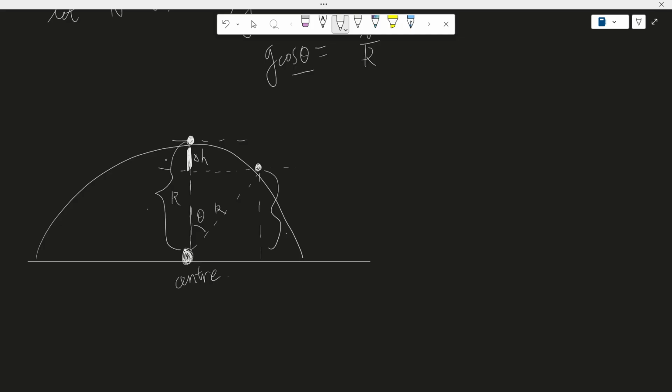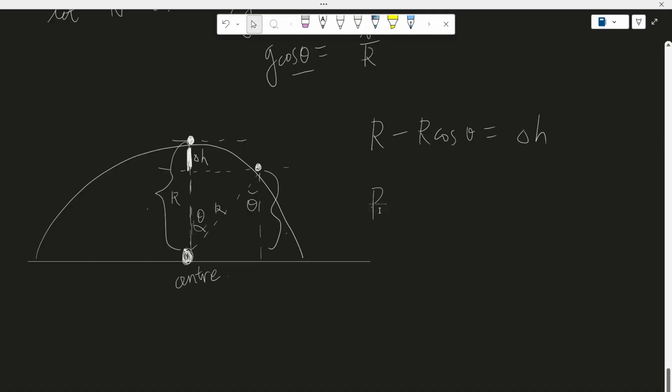So we know this height is definitely r. R minus, and if this is theta too, this is basically r cosine theta. And this is equal to delta h, and we can factor out the r. We get r(1 minus cosine theta) equals delta h.